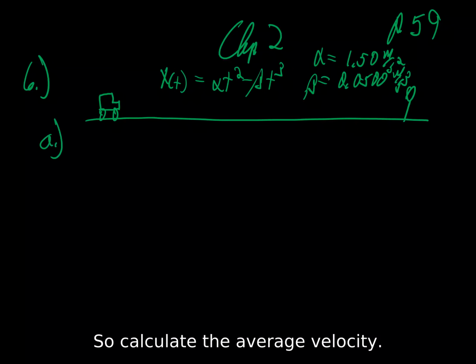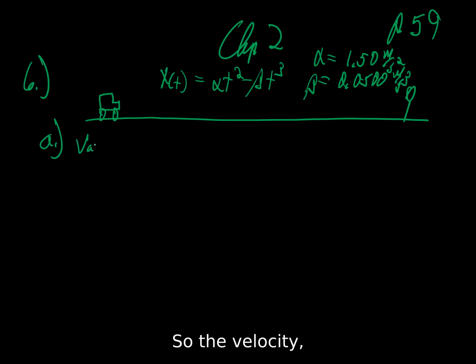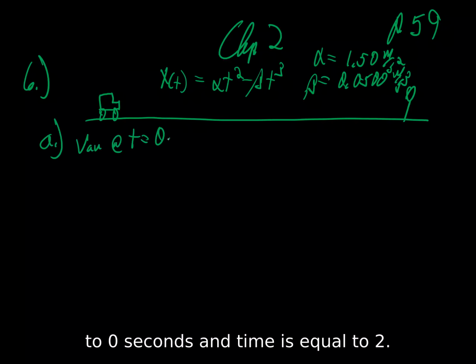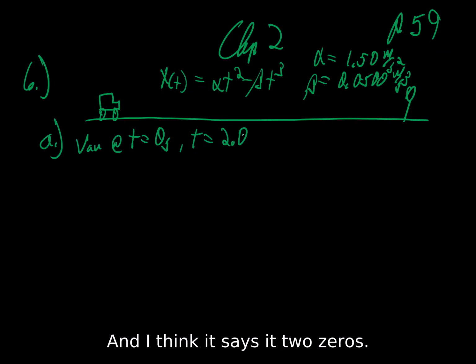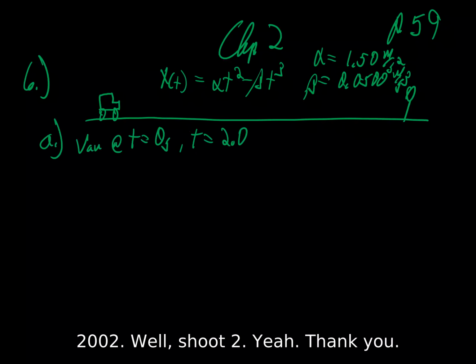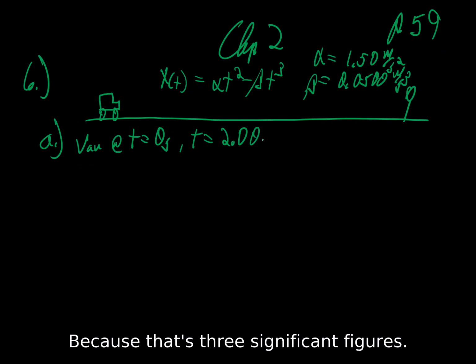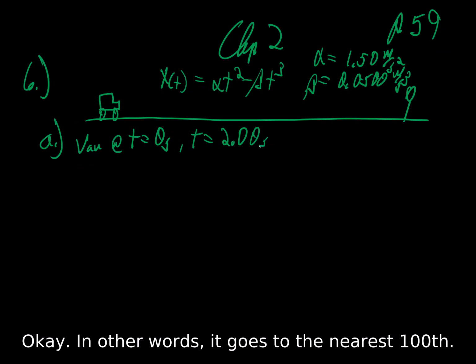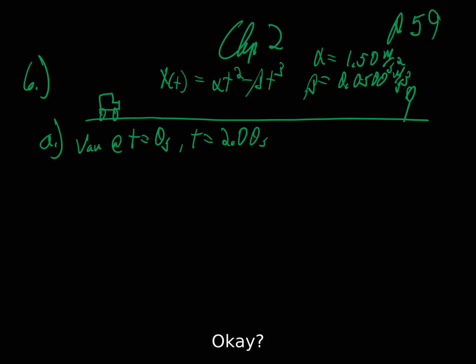So calculate the average velocity at time equal to 0 seconds and time equal to 2.00, because that's 3 significant figures. Okay, in other words, it goes to the nearest hundredth.